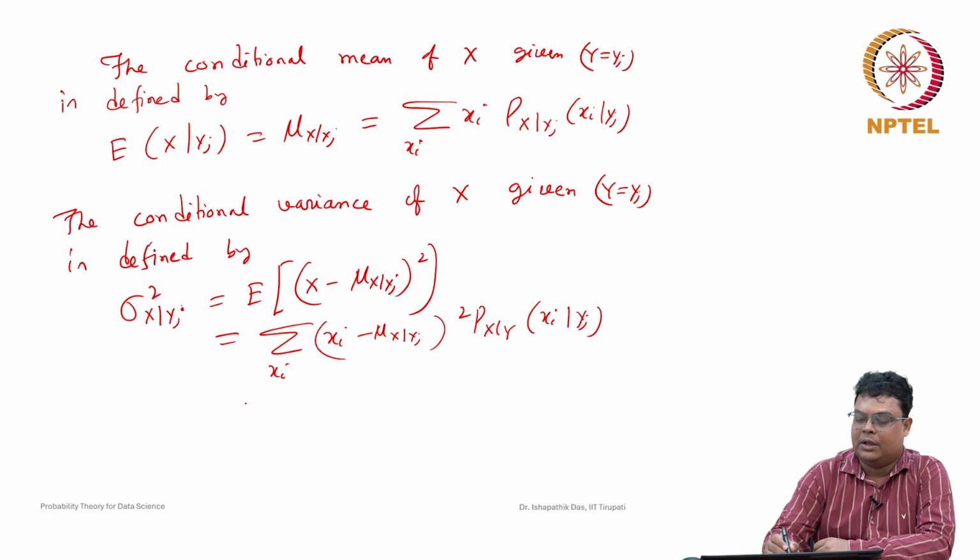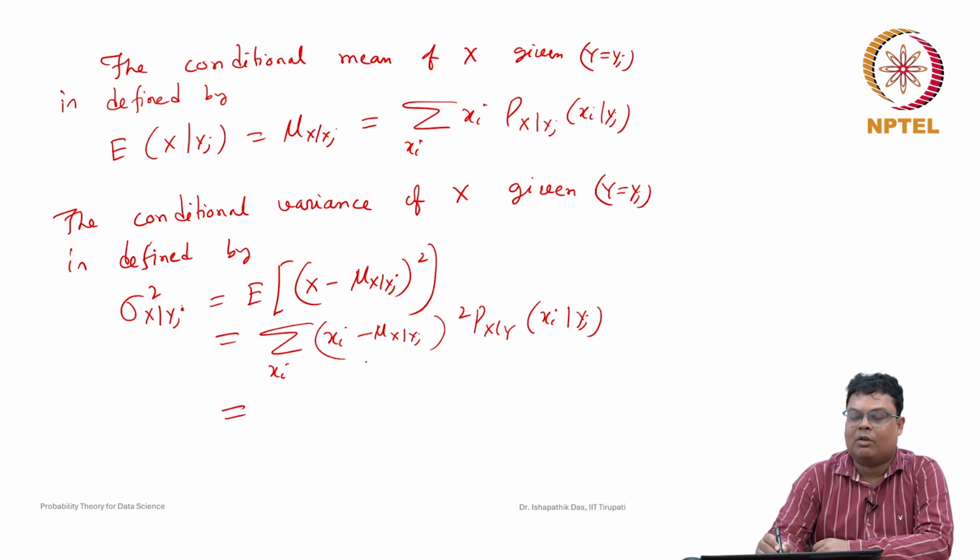This is the definition. It can be simplified, because for computation it will be a little complicated, whenever we do some numerical example it will not be straightforward, it will be computationally extensive. So that's why we will use the simplified formula that we have already shown, how it comes for the general random variable cases.